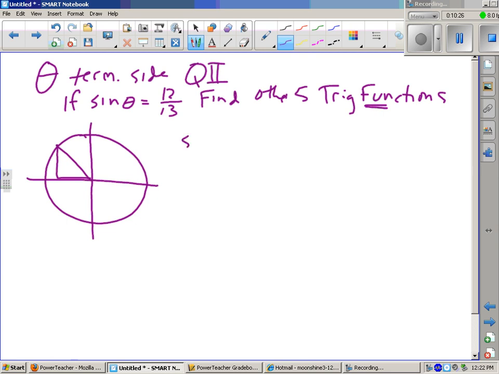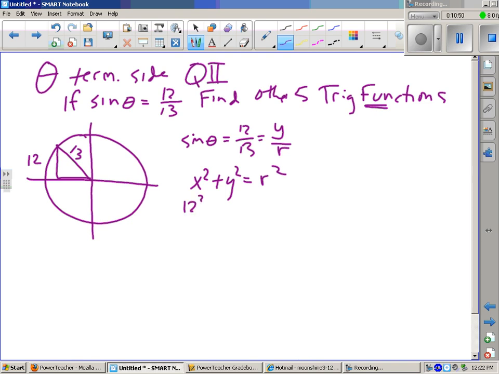So the sine is 12/13. That means Y over R is 12/13. So over here, on the Y part, I'm going to put 12. On the R, I'm going to put 13. So our job is to find the X. Do Pythagorean theorem. X squared plus Y squared equals R squared.